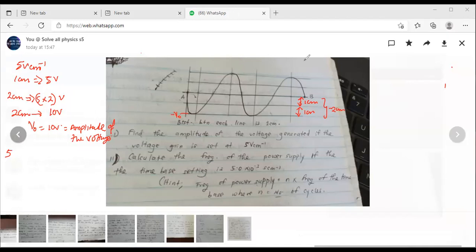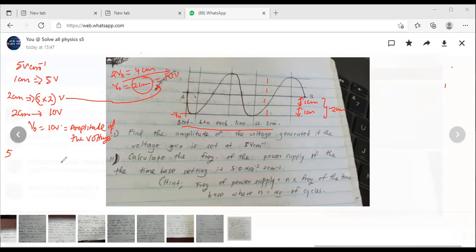What I wanted to say is the question said the distance between each line is 1 centimeter. So you can count 1 centimeter, 2 centimeters, 3 centimeters, 4 centimeters. If one wanted to use 2 V0, you'd say 2 V0 is equal to 4 centimeters, meaning V0 is at 2 centimeters. Voltage corresponding to 2 centimeters we have seen is 10 volts. So V0 is 10.